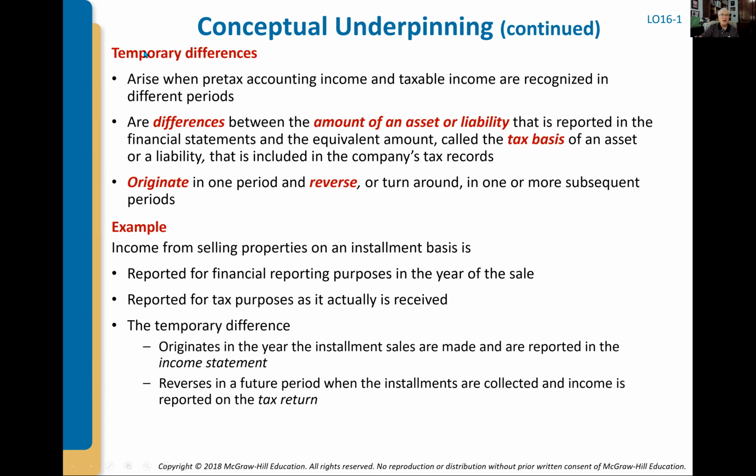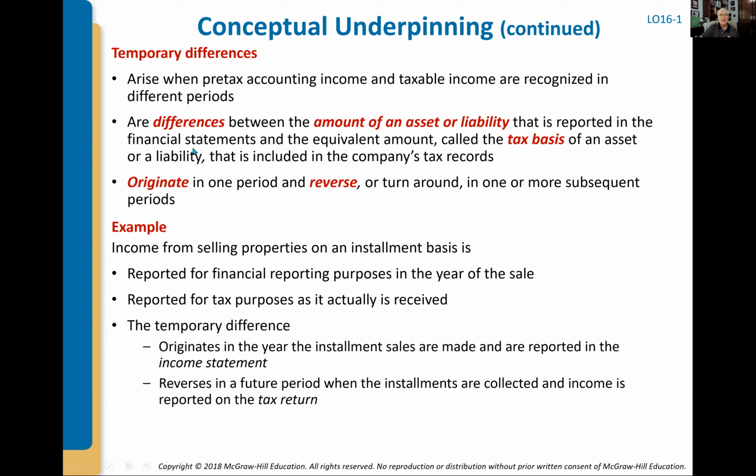Okay, so again, temporary differences are about timing: pre-tax accounting income and taxable income are recognized in different periods, and we've got to move them into the period that we're accounting for. We'll have something called the tax basis of an asset or liability.